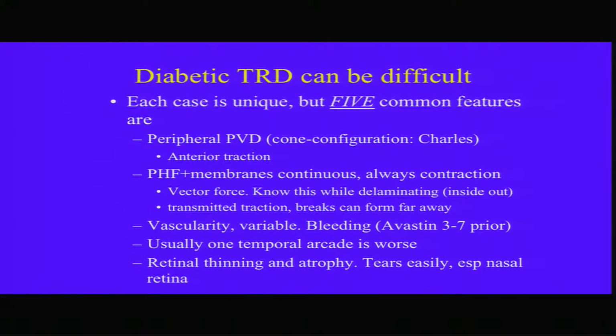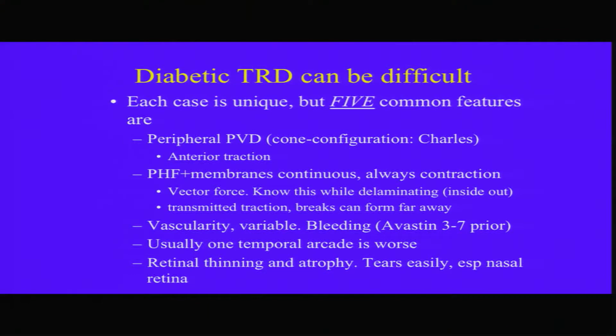And third is vascularity. We have talked about it. So Avastin 3 to 7 days before surgery. And usually, one area is the hardest one. The rest of it is not so hard. And as everybody has talked about, hardest part should be tackled last. And of course, remember retinal thinning and atrophy.